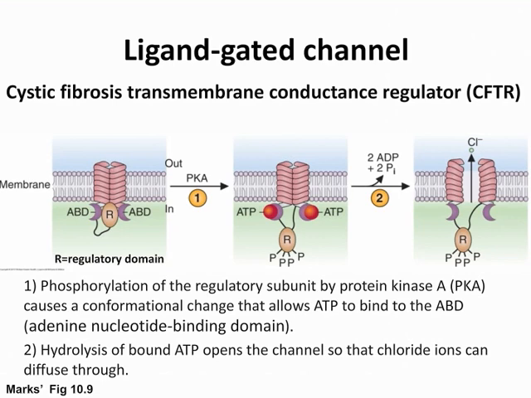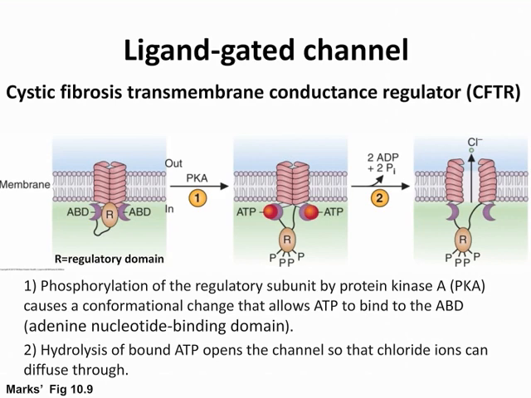So we have ABD, which is a binding domain, and then you have R, which is your regulatory domain. So in step 1, you see PKA, which stands for protein kinase A, and remember kinases phosphorylate things, so this is a gated channel controlled by phosphorylation.